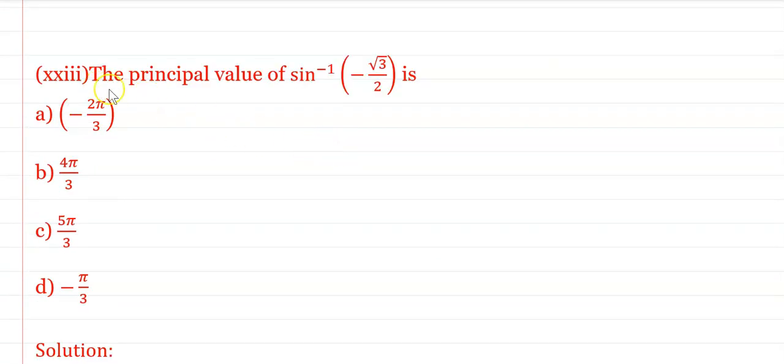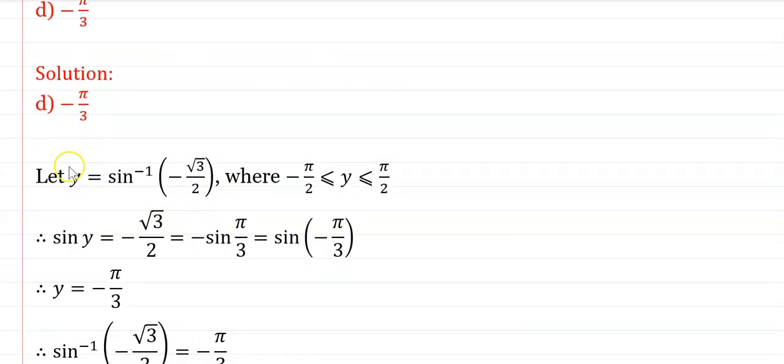Now the next, the principal value of sine inverse of minus root 3 by 2 is. These are the options. Therefore, I can write here y is equal to sine inverse of minus root 3 by 2, where the value of y lies between minus pi by 2 and plus pi by 2.